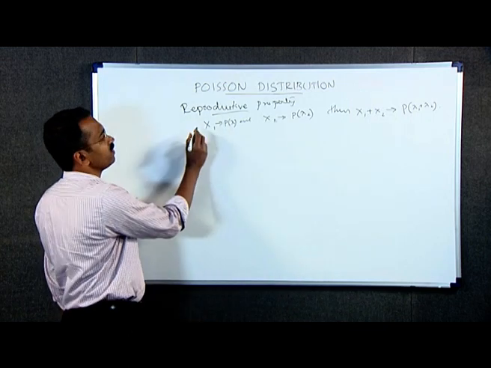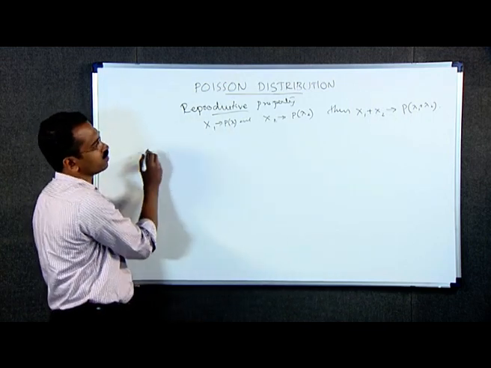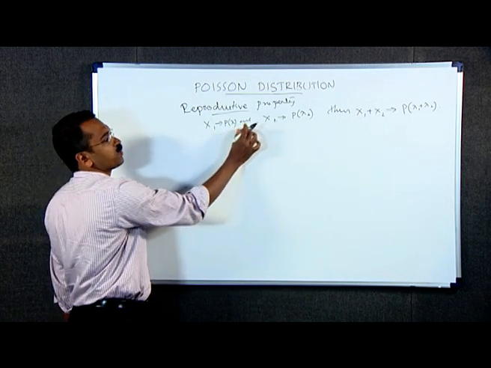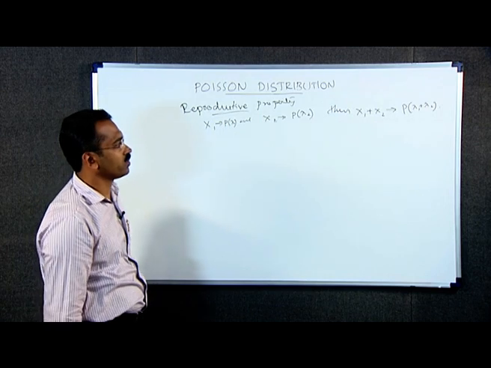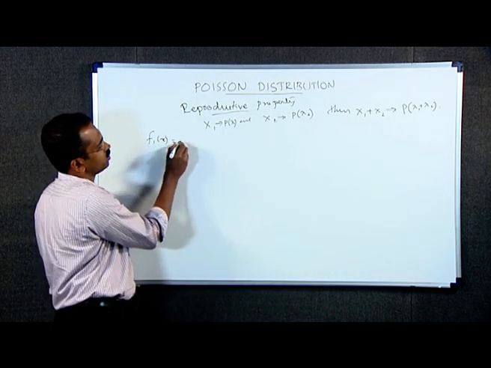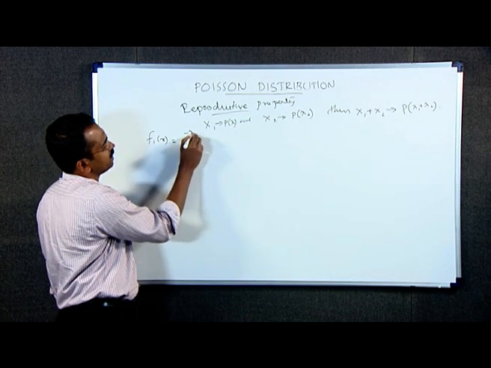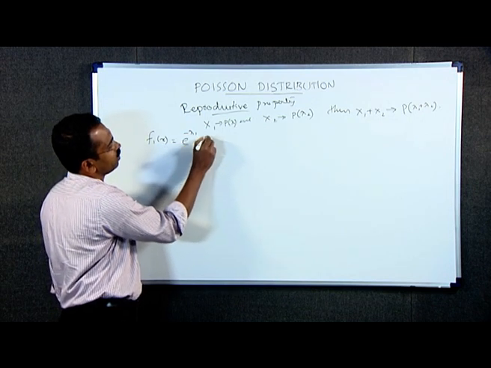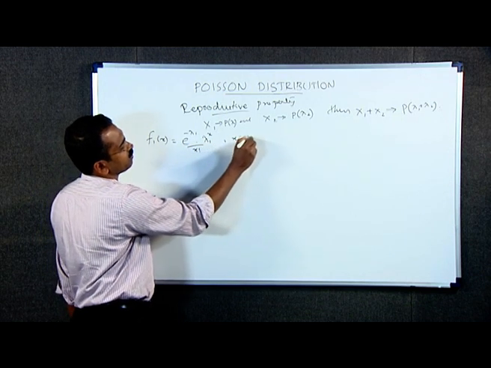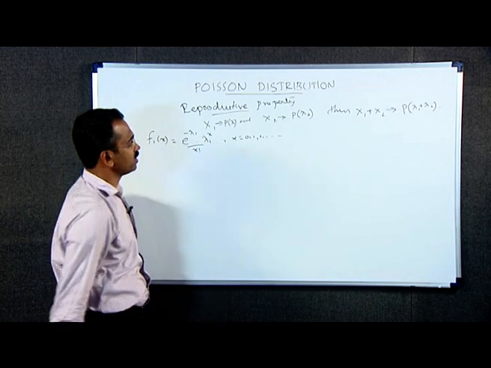By the definition of Poisson distribution, the probability functions corresponding to x1 and x2 can be written as f1 of x is equal to e raised to minus lambda 1, lambda 1 raised to x divided by x factorial, where x varies from 0 up to infinity.